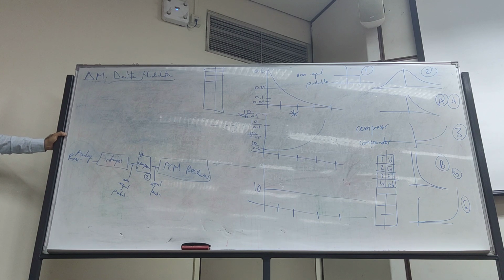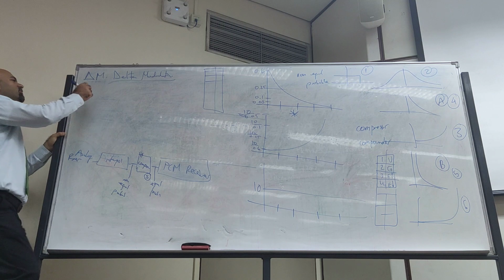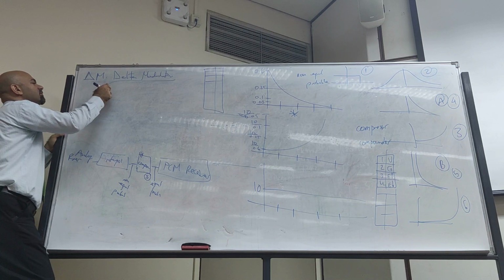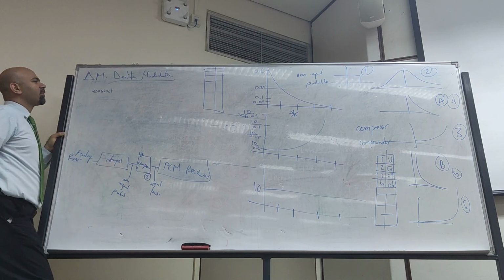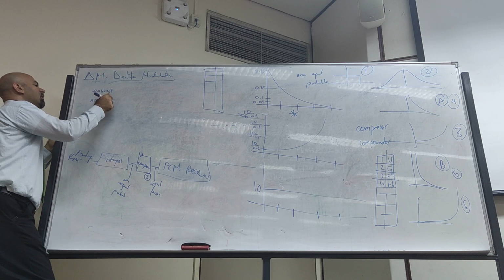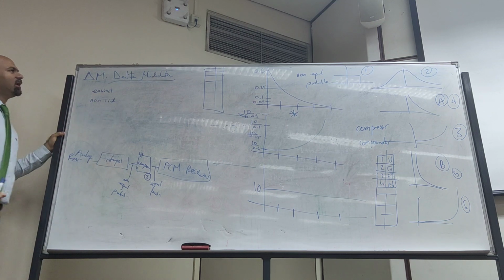So what is this delta modulation? Its properties first, then I will describe. It is the easiest approach. It will also work for non-IID. What else?